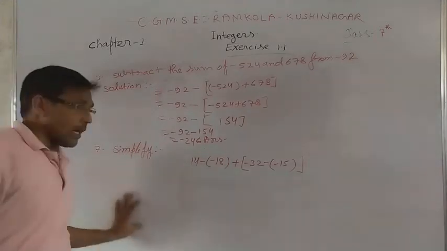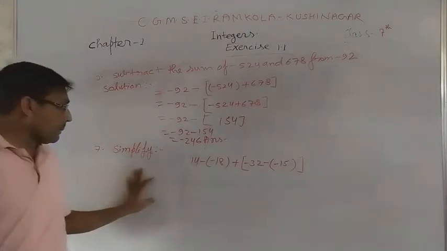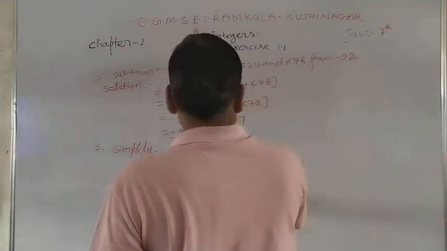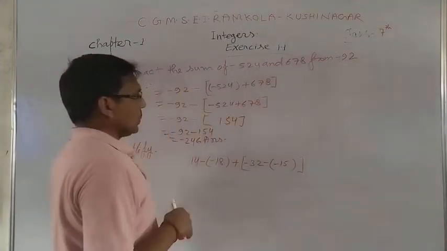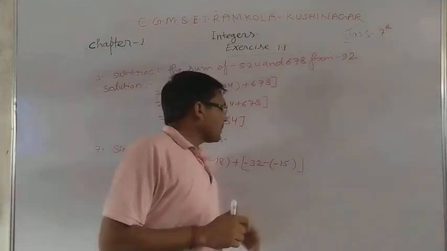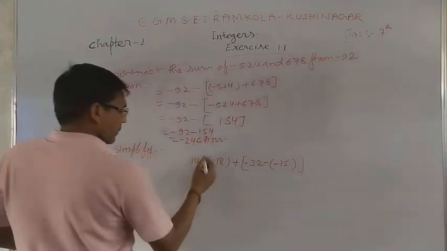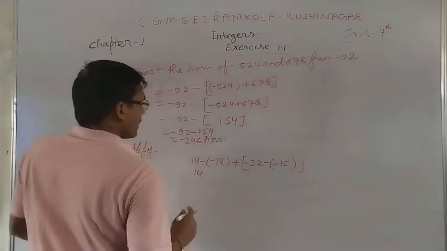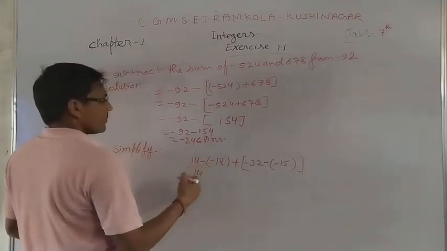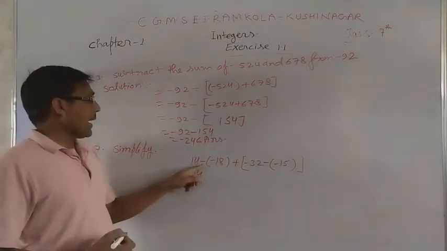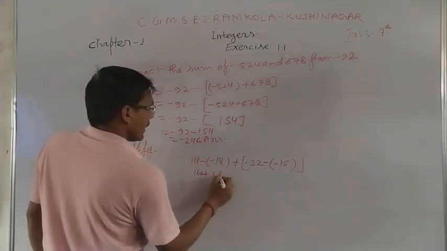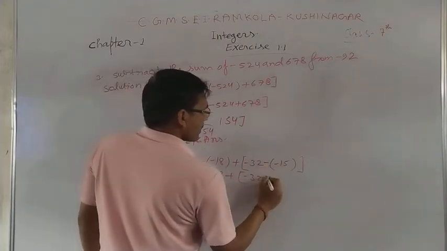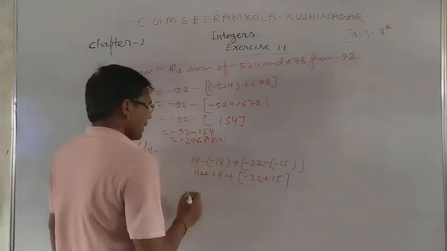And the other question is: simplify 14 minus 18 plus in bracket minus 32 minus in bracket minus 15. For this we have to break the brackets using the outer sign: minus 18 plus, and here minus 32 minus minus becomes plus 15.